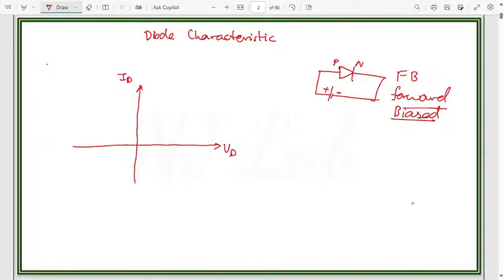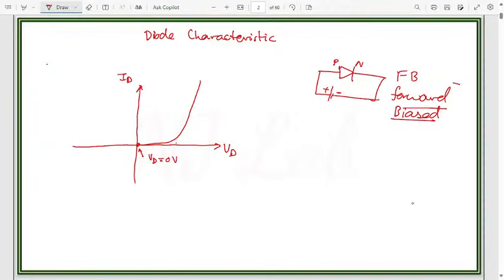In this lecture I am not going to go into the physics of the depletion layer and the movement of electrons and holes. So directly I will draw the characteristic for the forward bias, which looks somewhat like this. In the starting, when the voltage VD is 0 volt, there is no current.